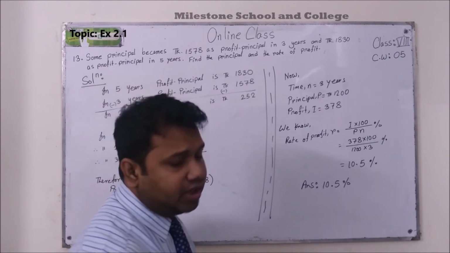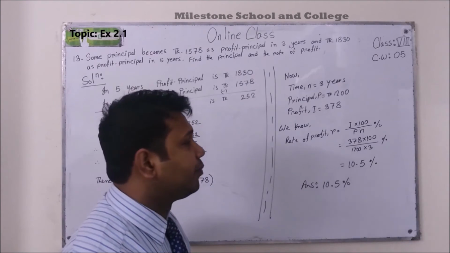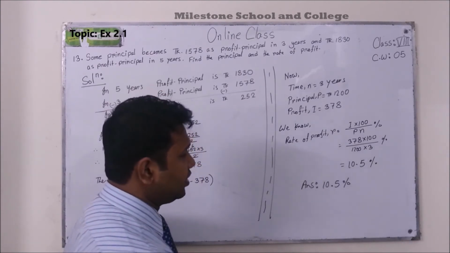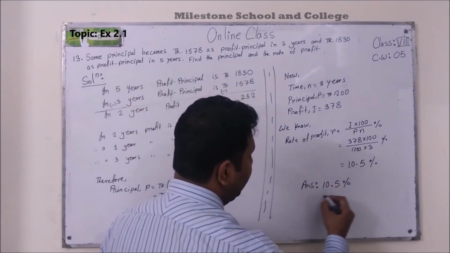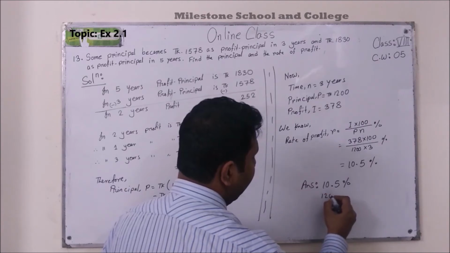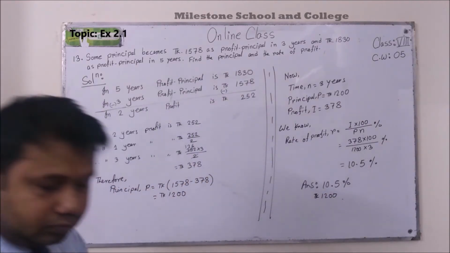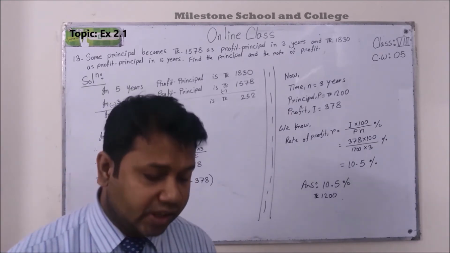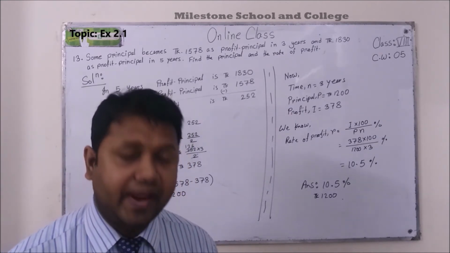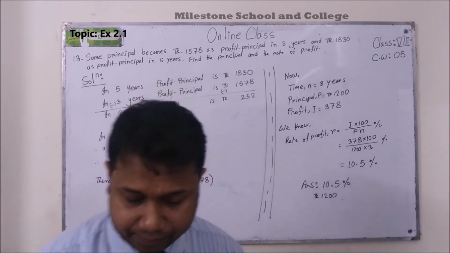After that we get rate of profit equal to 10.5%. So there are two answers. This is the rate of profit, and principal is 1200 taka. So I think you understand this math. We are going ahead to the next math of this chapter.